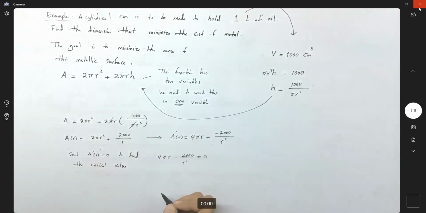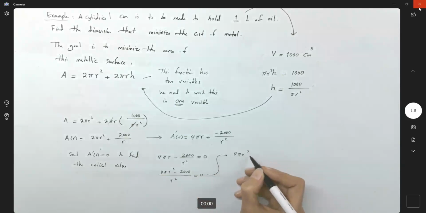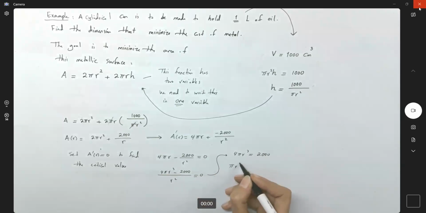So let us take the common denominator between these two. You have r squared, 4 pi r cubed minus 2000 equal to 0. So you can set the numerator equal to 0, and you have 4 pi r cubed equals 2000. 4 pi r cubed is equal to 500. Or r is equal to the third root of 500 divided by pi.